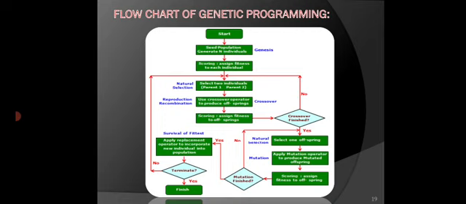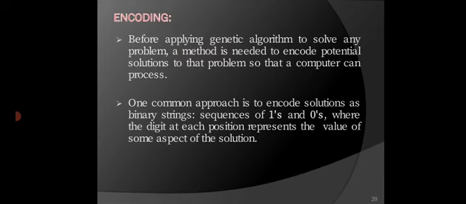Now for these processes, the different steps assigned to the program are encoding. So before applying genetic algorithm to solve any problem, a method is needed to encode potential solutions to that problem so that the computer can process them.